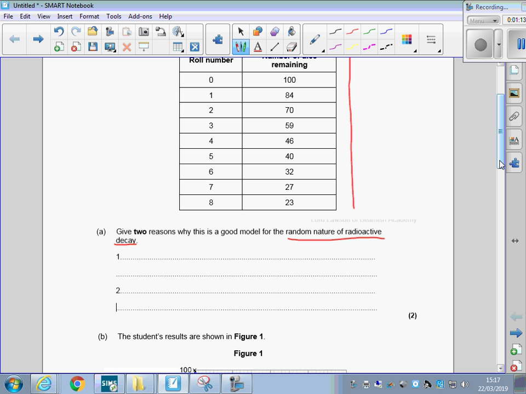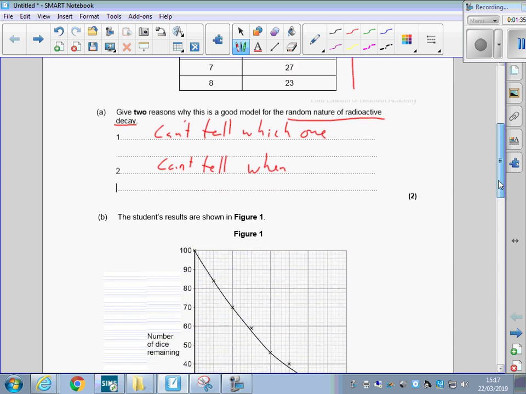So the 2 answers they're looking for here are that you can't tell which one, and you can't tell when. So you're not sure which ones are going to change, and you're not sure when a particular one's going to change, and in that way it's similar to radioactive decay.